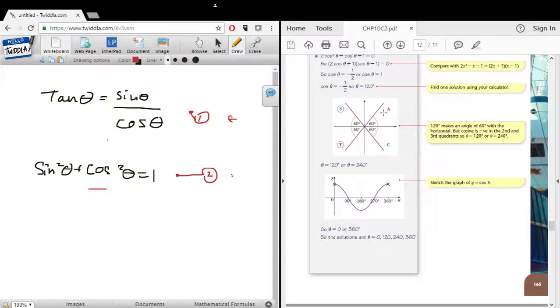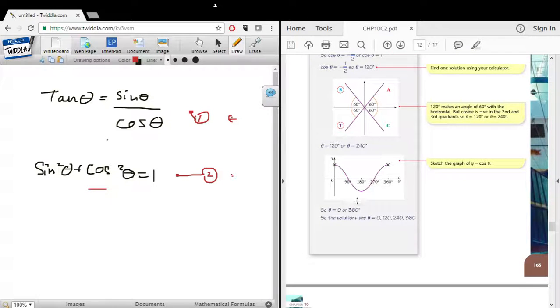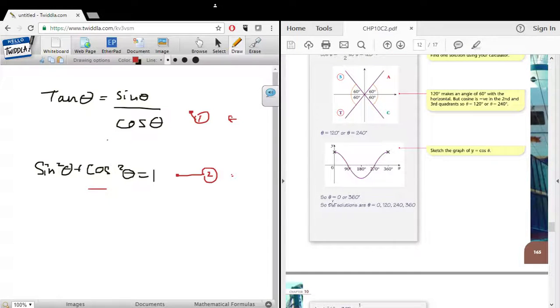So if you can appreciate that, we have 120 here, and then we would have 240 again here. So we have 120, or theta equals 240. So theta equals 0 or 360. So we have 0, 120, 240, and 360.